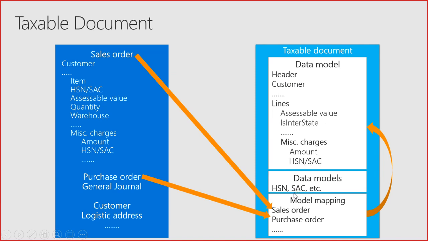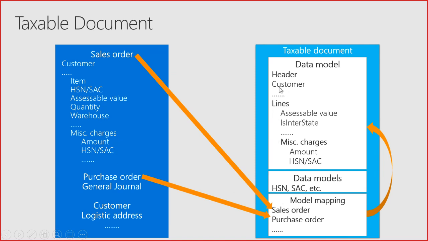And then we have model mapping for each of the source document type, like sales order, purchase order. So within the model mapping, we maintain some metadata between the field you have in the FinOps, in the sales order, in the purchase order, and the field you define in the data model.